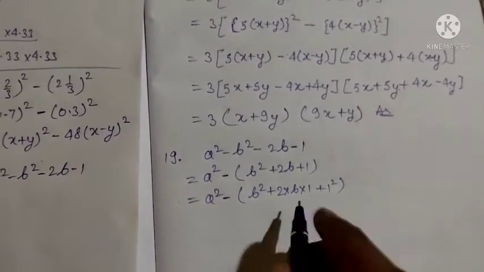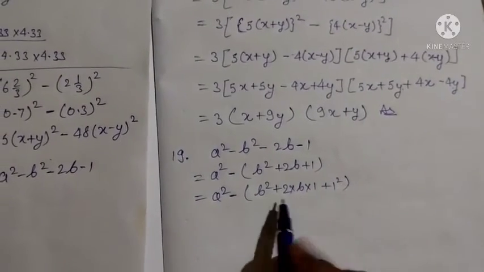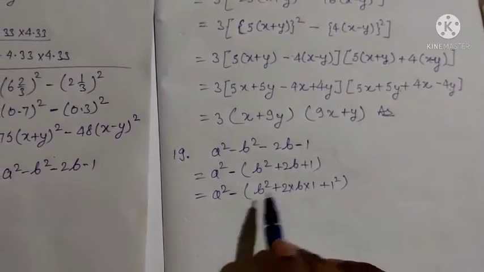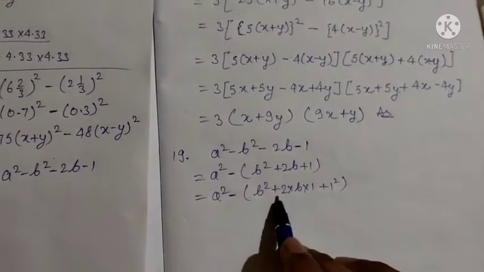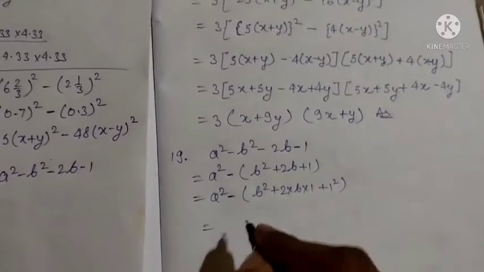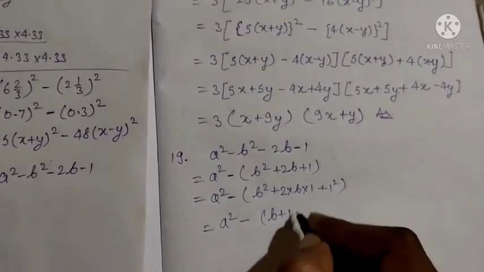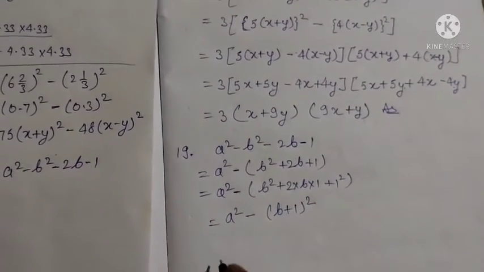Now look at this carefully, then you can see that it is in the form of a square plus 2ab plus b square, that is (a plus b) whole square. So we can write it as a square minus (b plus 1) whole square.